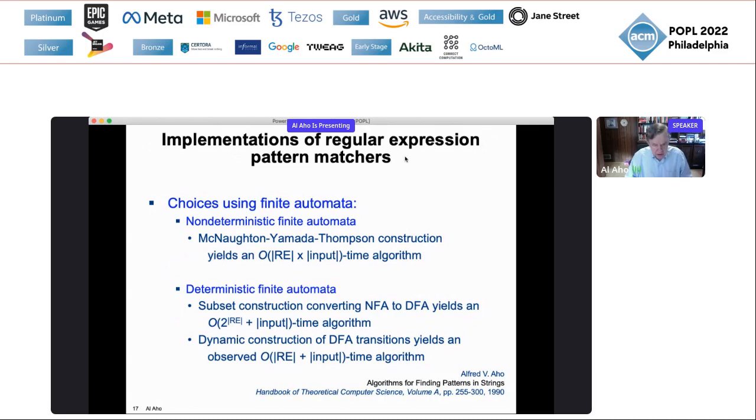In the 1970s, I created a regular expression search program on Unix called egrep that used a dynamic lazy construction of DFA transitions to recognize regular expression patterns. And its observed running time was linear in the sum of the length of the regular expression plus the length of the input string.